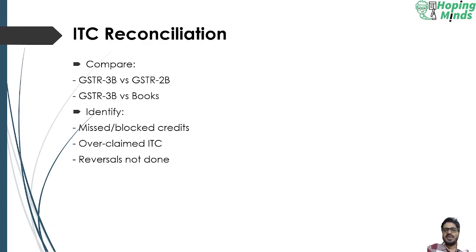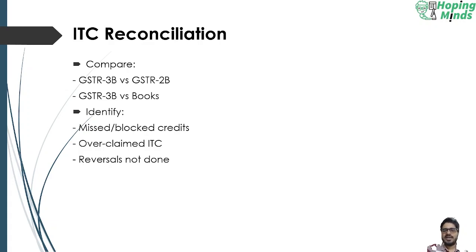Then GSTR 3B and books must also match in respect to input tax credits. The credits claimed during the reporting period should match with the credits as per the books of accounts. Also, the ledger balance of input tax credit ledger should match with the books of accounts.